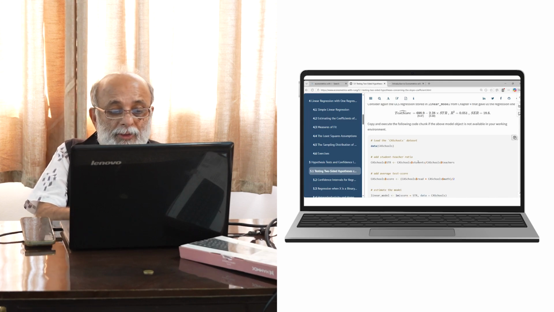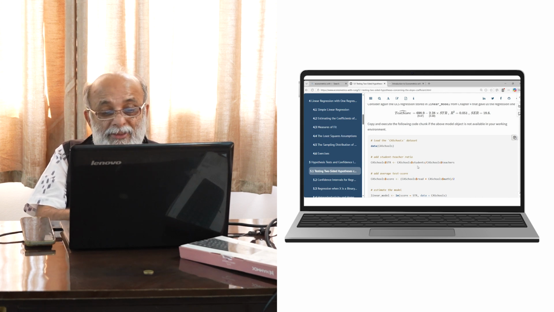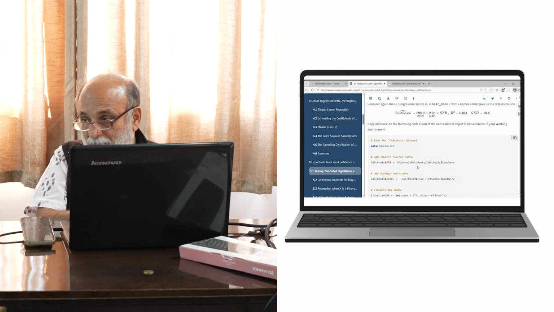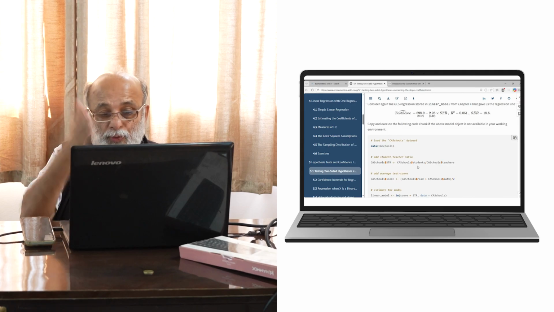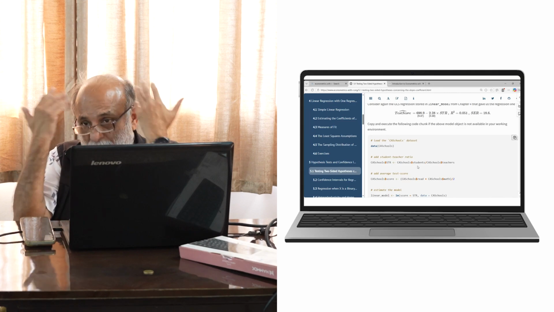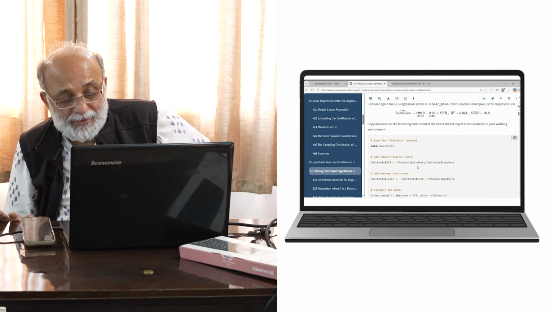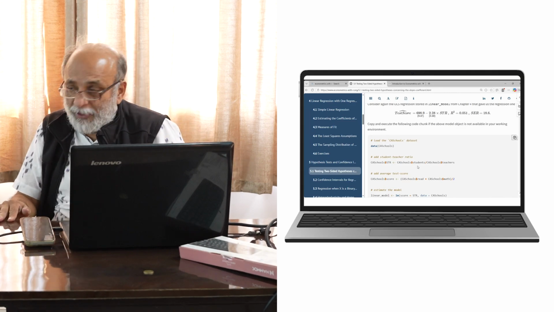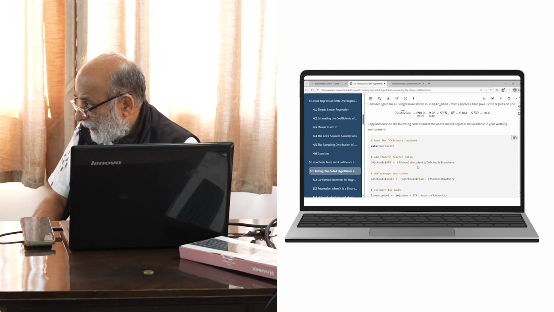So what does this do? This creates a variable $str, which is the student-teacher ratio, which is students divided by teachers. So CA schools $students takes the data on students from the CA schools data set and divides it by CA schools $teachers.